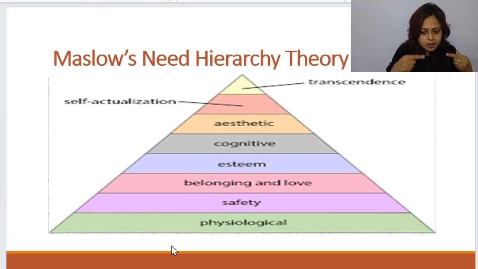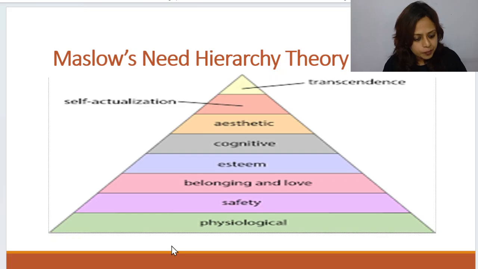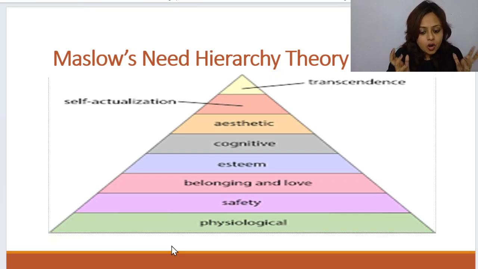Over here Maslow has tried to state that we human beings have an innate desire for knowledge. Not only knowledge, we are curious to learn new things, we want to explore new things, so that we can make sense of the world around us.